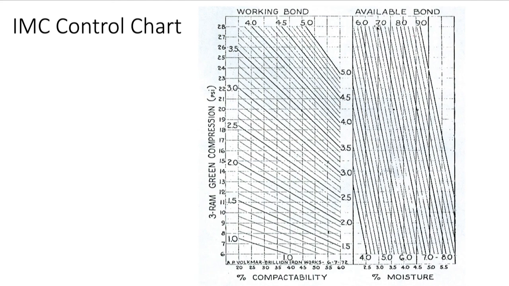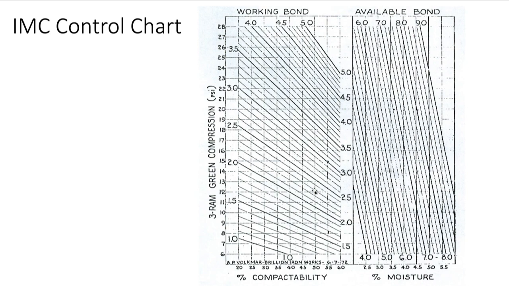So 6.8 versus 3.5. Okay, so the muller efficiency is 3.5 divided by 6.8, which is about 51%. So that's, you know, relatively normal.